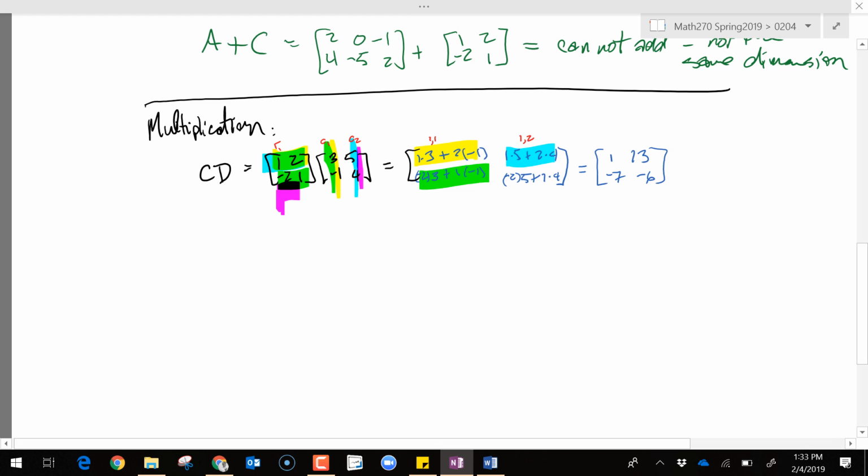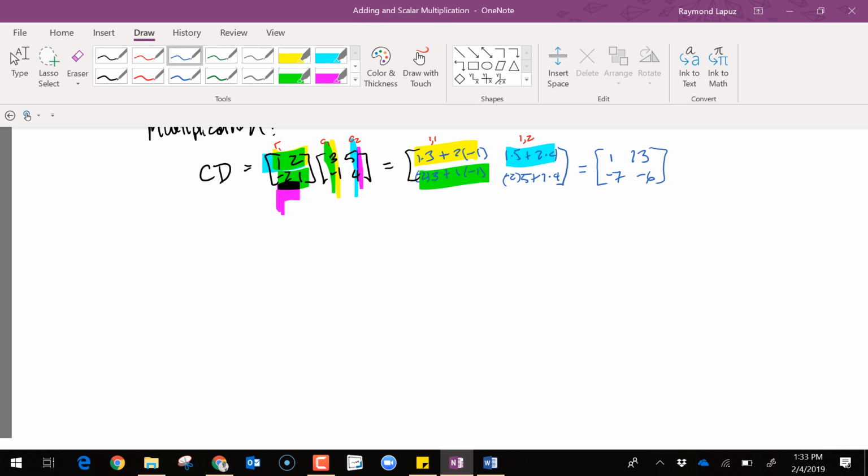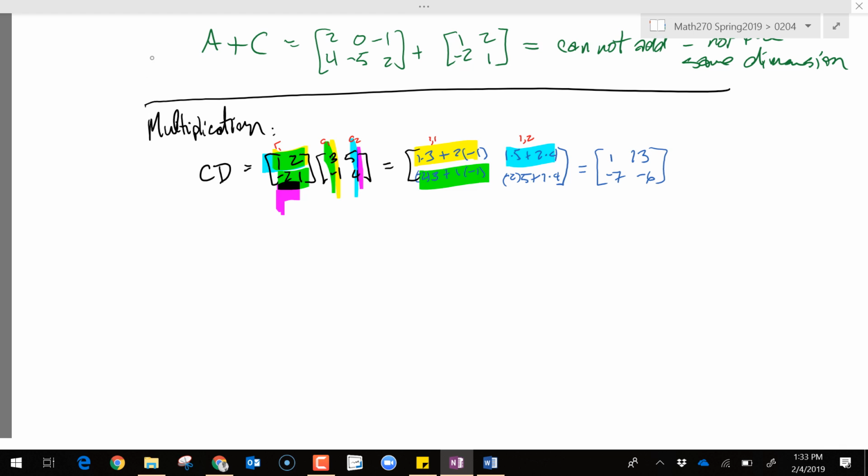Okay. And I think we talked about this already when we're doing matrix multiplication: there are certain combinations of matrices that we can multiply. Here we have a 2 by 2 matrix, and we're multiplying it with a 2 by 2 matrix. Remember that the number of columns in the first matrix has to match the number of rows in the second matrix.